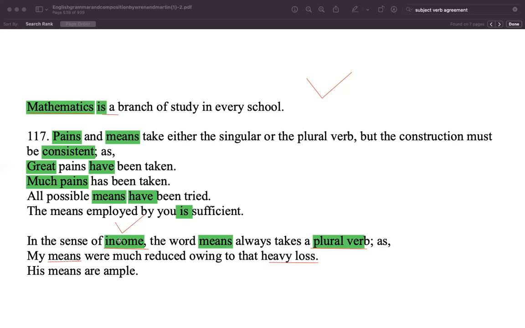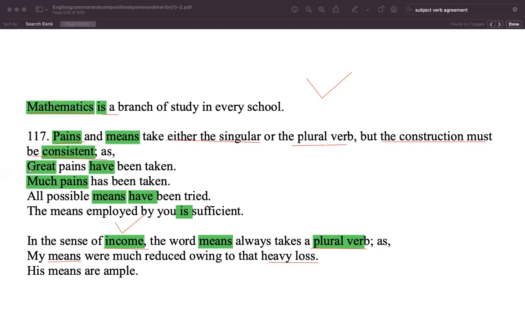So you can also say that the two words pains and means take either the singular or the plural verb. How and in which cases? Now, the construction must be consistent.